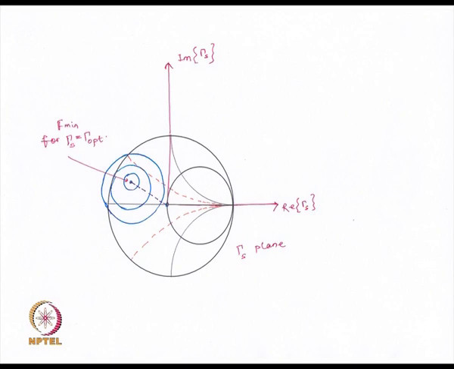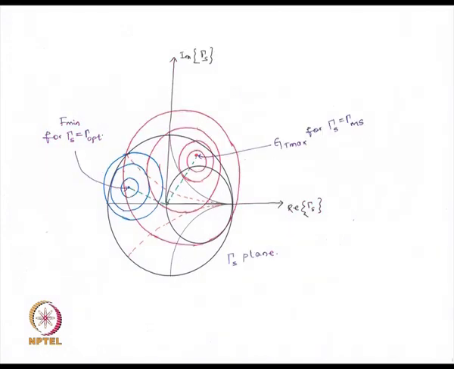And you can see that for gamma S equal to gamma opt, that is for Ys equal to Y opt, the radius of these circles is 0. As the difference between gamma S and gamma opt increases, the radius of these circles increases.